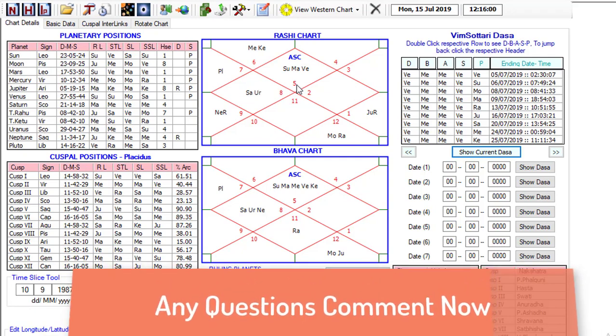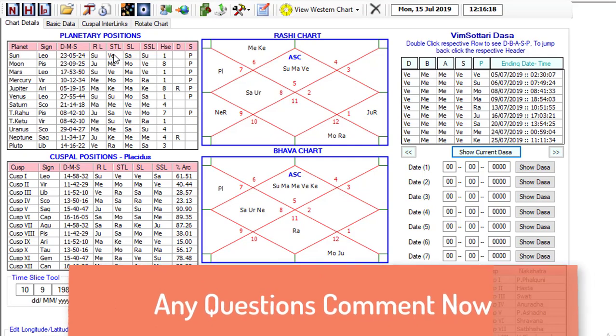Now you can see Sun is in Venus star. Venus is one of the nakshatra owners in the fiery sign. That means Sun is going to give the result of Venus strongly, rather than its own result. Once Sun is activated, it is going to give the result of Venus.